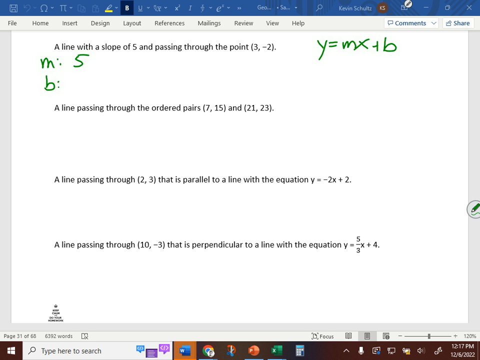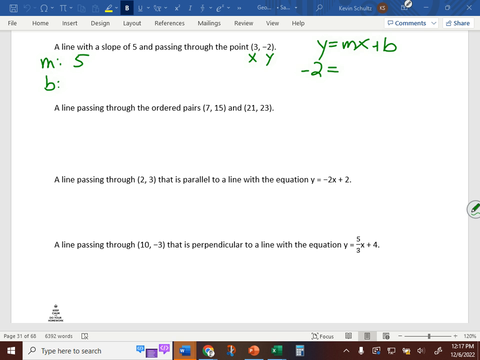So think about slope-intercept form, why we wrote it up at the top, y equals mx plus b. This m, of course, we know is the slope. But remember that if you're given an ordered pair on the line, that ordered pair provides you an x value and a y value that you can use to solve for b. So if we know that this x and that y is part of the line, we're going to substitute -2 in for y.